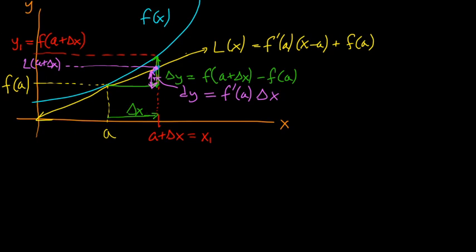How do I get that? Well, remember that the slope is f prime of a, and this is just rise over run. So the rise is the dy, and the run is the change in x. That's what we're calling delta x. I really should call it dx, shouldn't I? Delta x is the same as dx.